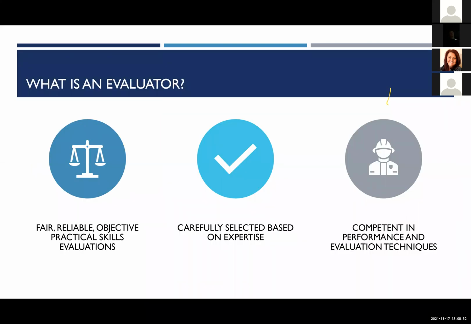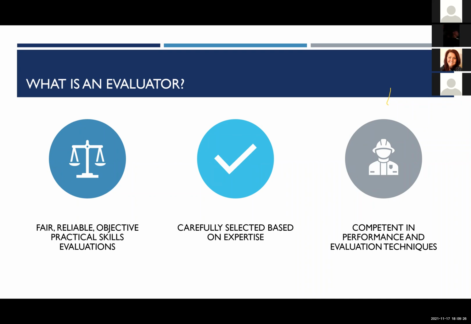EMS evaluators are responsible for providing fair, reliable, and objective practical skills evaluations. These evaluators should be carefully, I'll stress the word carefully, selected based on their skill expertise and ability to fairly and accurately observe and also fairly and accurately document various performances during a skills examination.